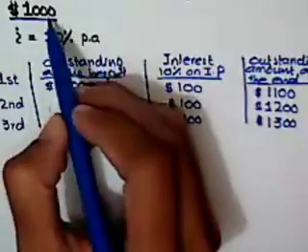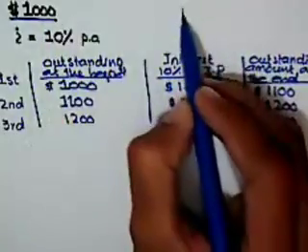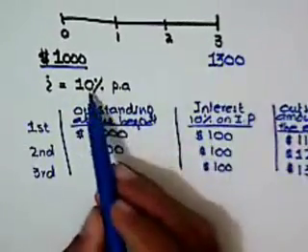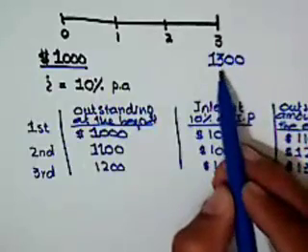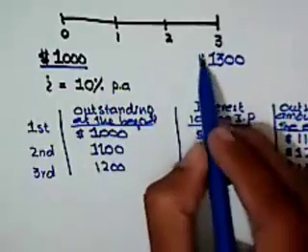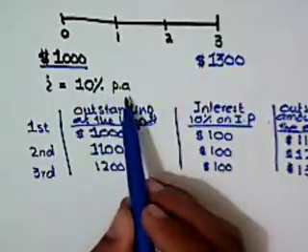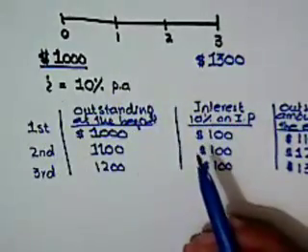So at the end of third year, the outstanding amount would be $1,300. So if 10% is the simple interest, the total value would become $1,300 at the end of 3 years, if this 10% is charged per annum on simple interest basis.